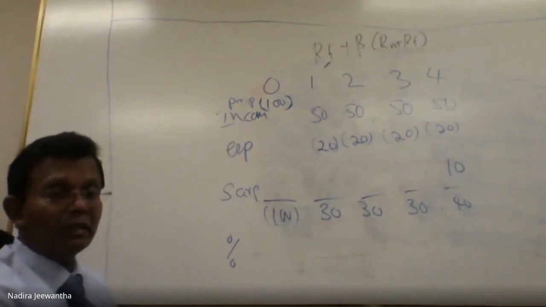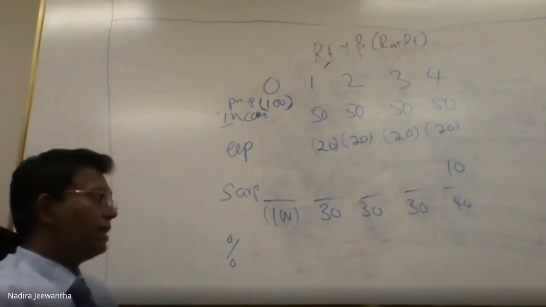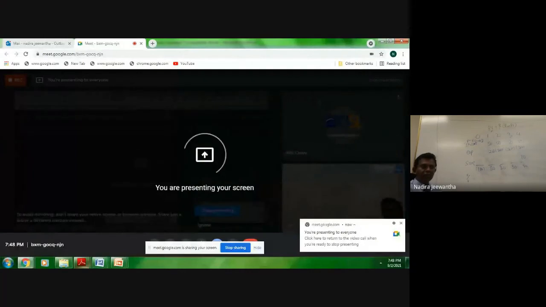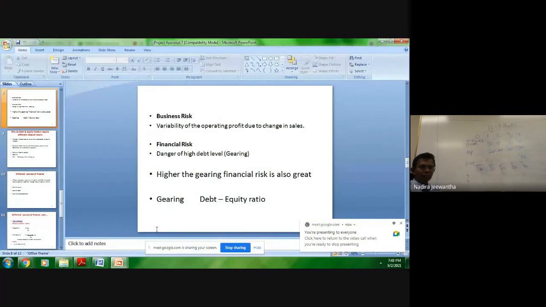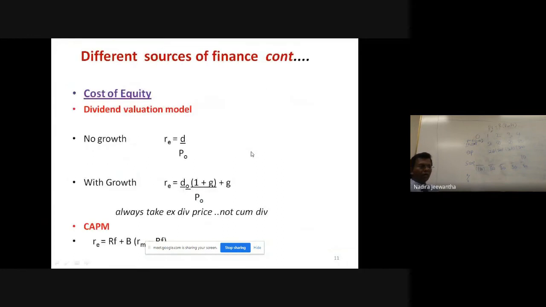Now, see the methods. It's available. One thing is what? CAPM. And there are many methods by using the dividend. Now, the dividend valuation model is one method of finding the discounting factor or required rate of return.